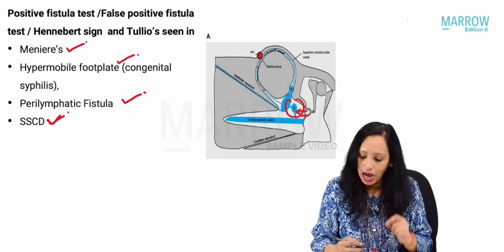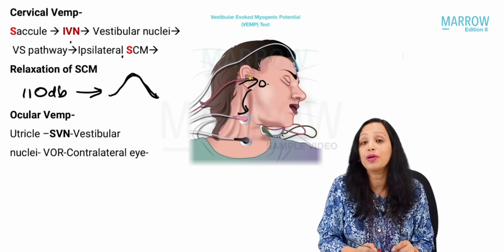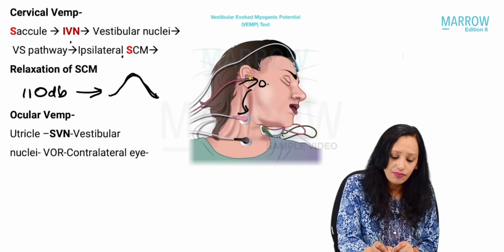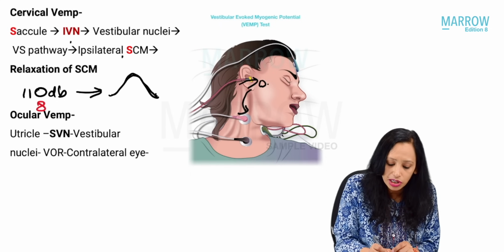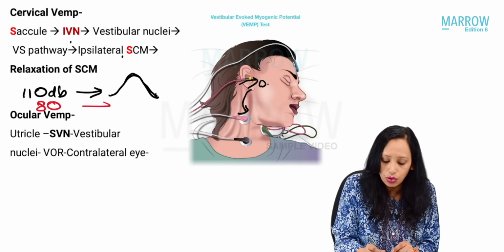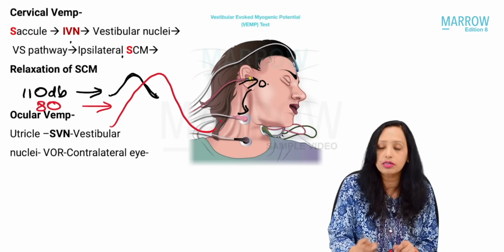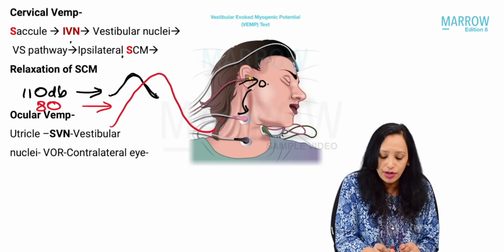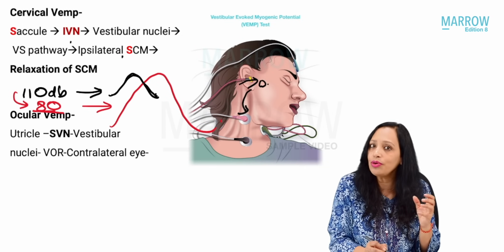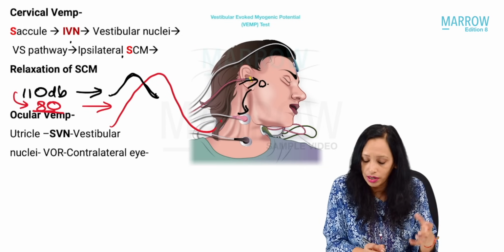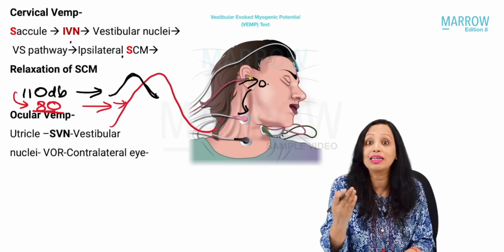So now when we do this test in these patients, what will happen? Even when we have given just an 80 decibel sound, you will see this reflex, which means the threshold of the reflex has gone down, and the amplitude has increased.